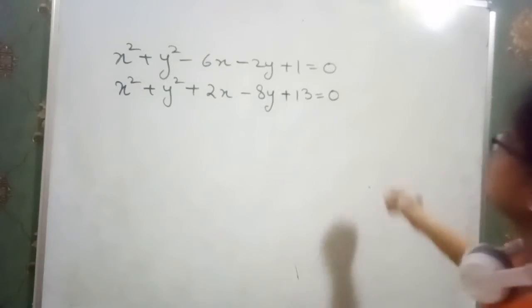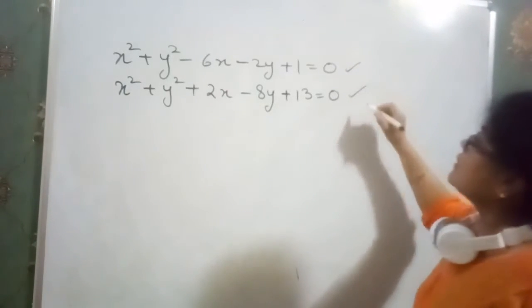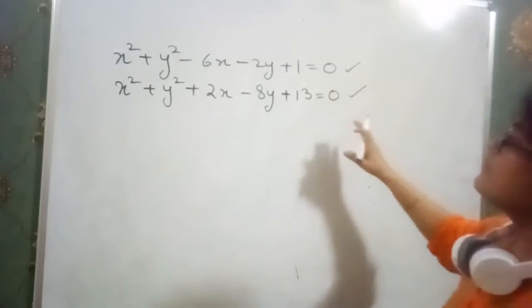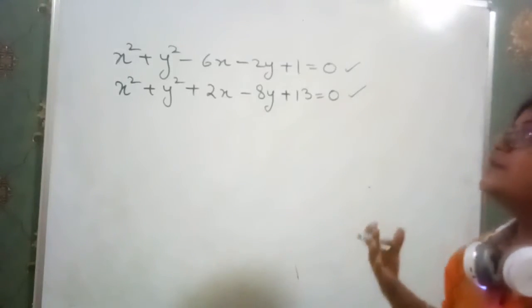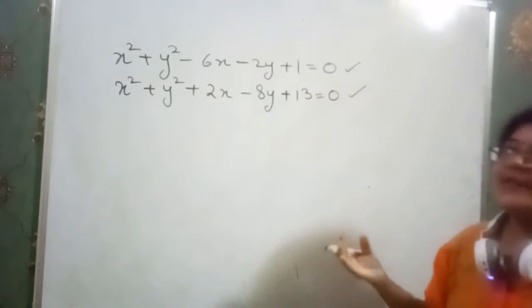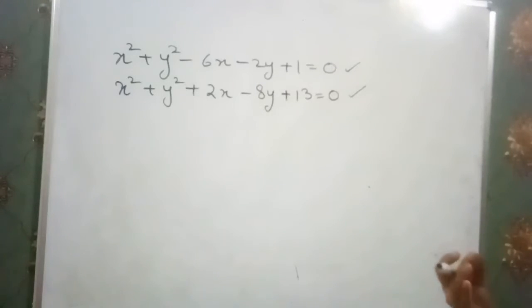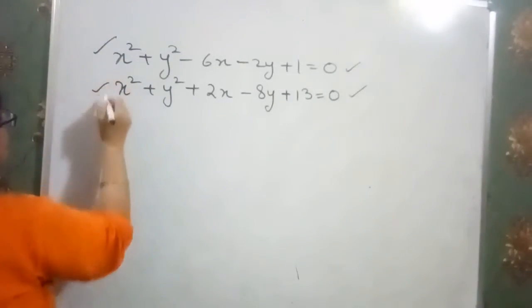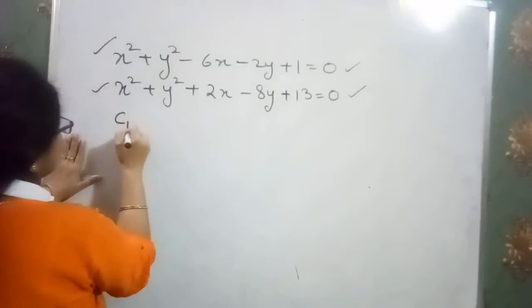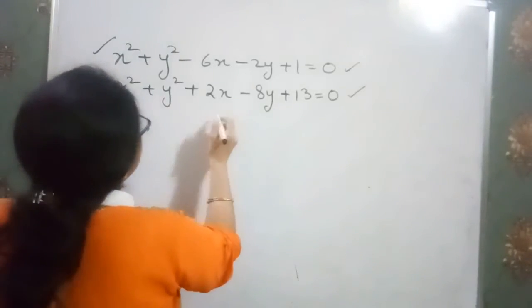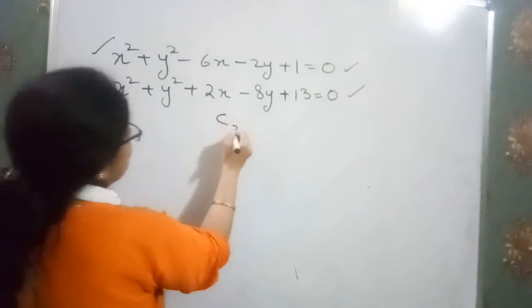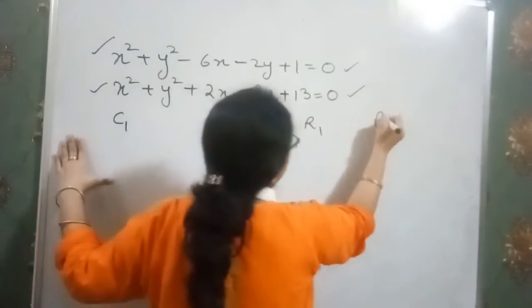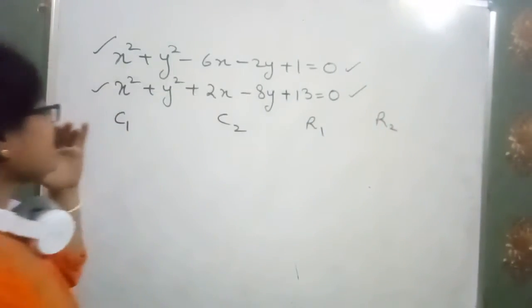These are the two equations of the two circles, and we have to find whether they touch internally, externally, or are contained within each other or not. So we just find it by our formula.